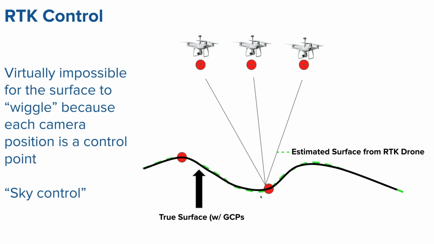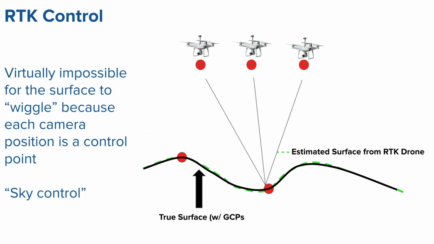So what you end up getting is a much more accurate, much more consistent surface. Even if you have a poor distribution of GCPs, or not that many of them, this is where these RTK drones really shine, because each photo position in the sky is a control point.